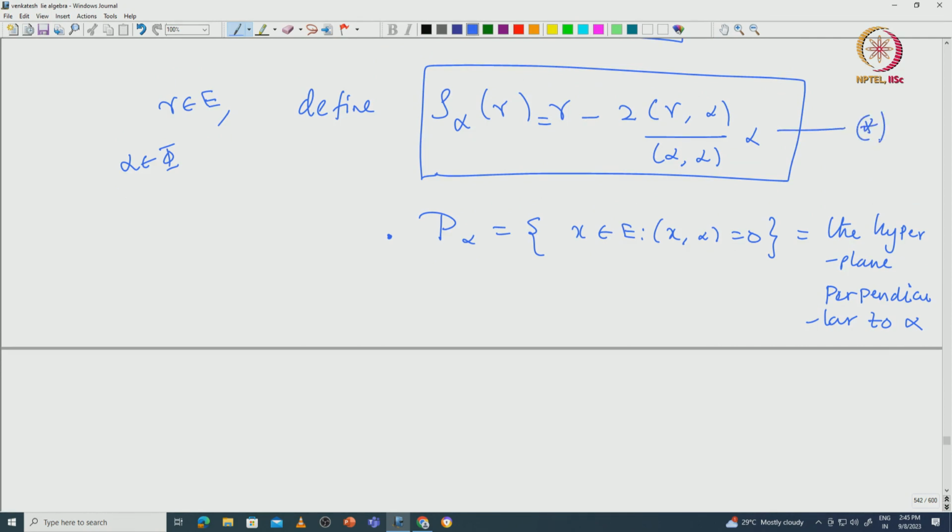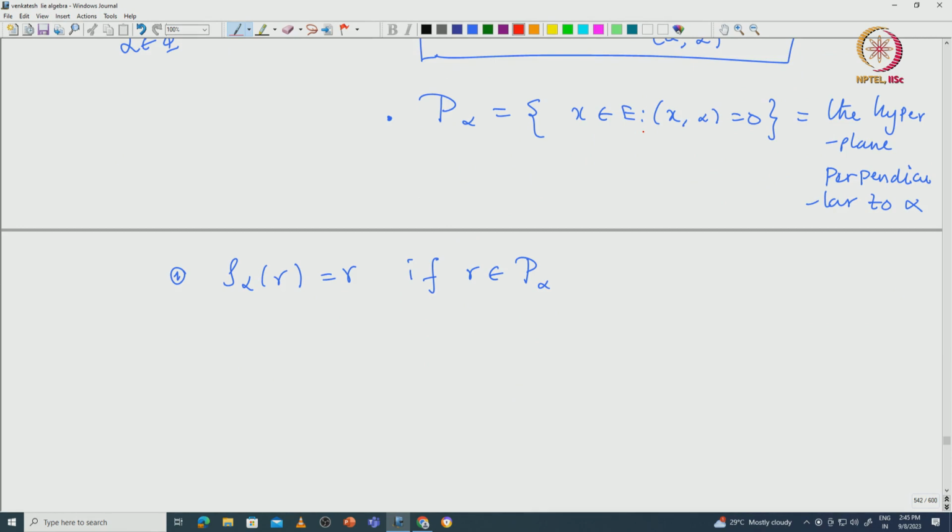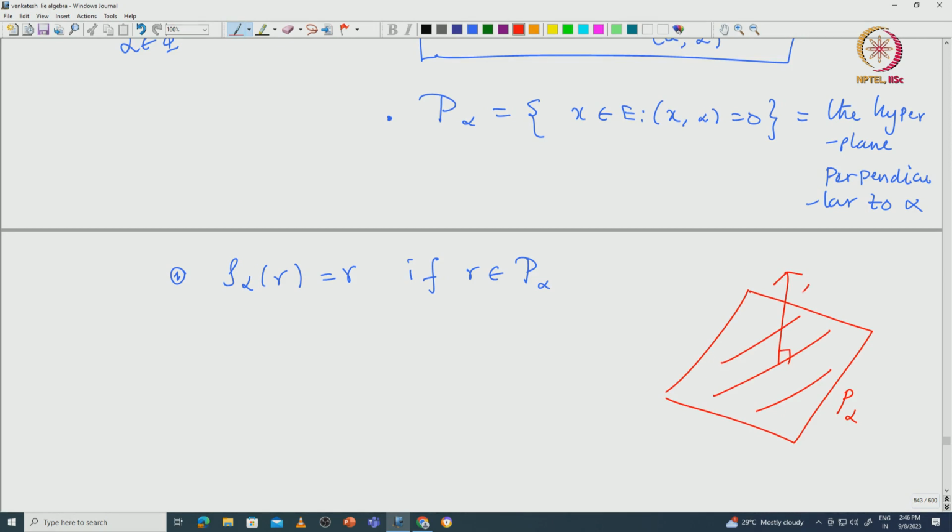You can easily see that S alpha of gamma will be gamma if gamma comes from P alpha, because the inner product of gamma and alpha will be 0. So S alpha of gamma is gamma. That means all the points on this plane P alpha are fixed. Now, alpha is a vector perpendicular to P alpha.